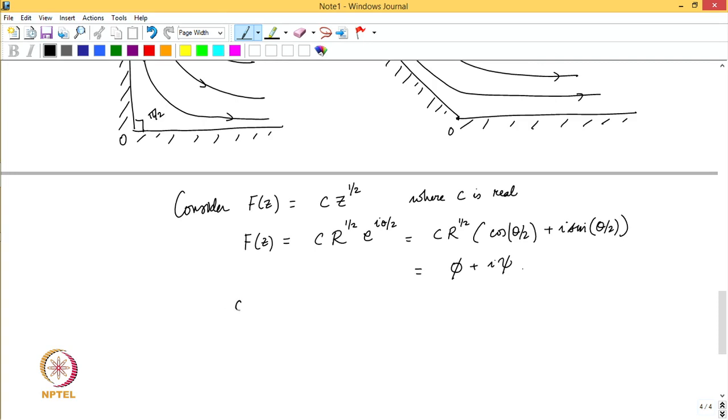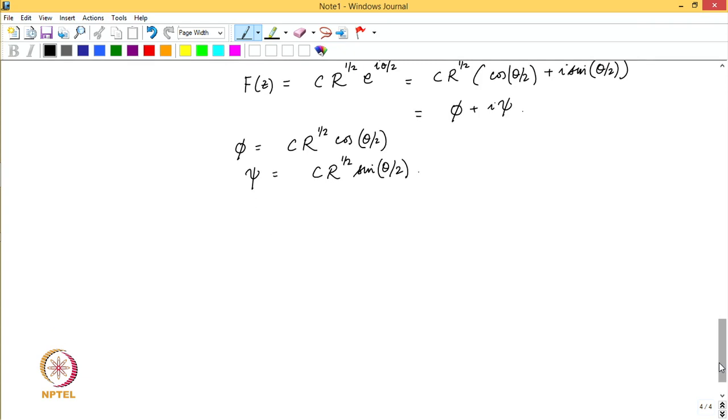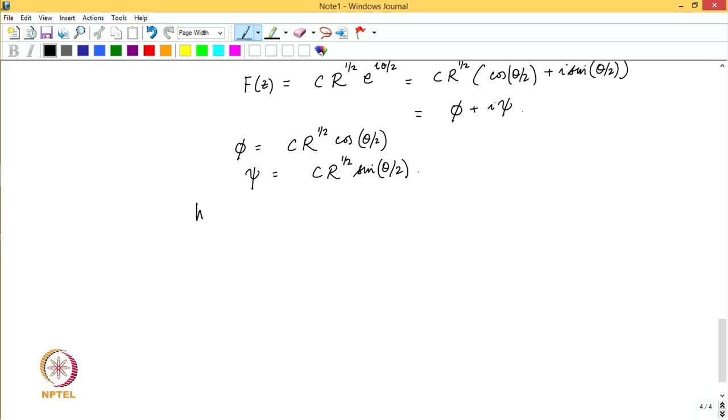So, clearly phi is c square root of r cosine of theta by 2 and psi would be c r to the power half sine theta by 2. So, now I will do the exact same thing that I did earlier, which is to calculate what would be a good dividing streamline, and the easiest way to do that is to choose the particular value where psi is 0. So, when is the stream function equal to 0?